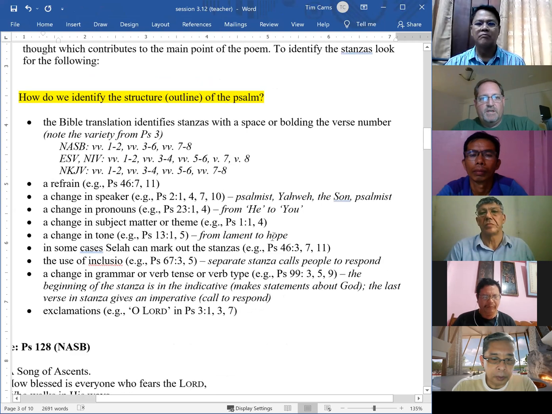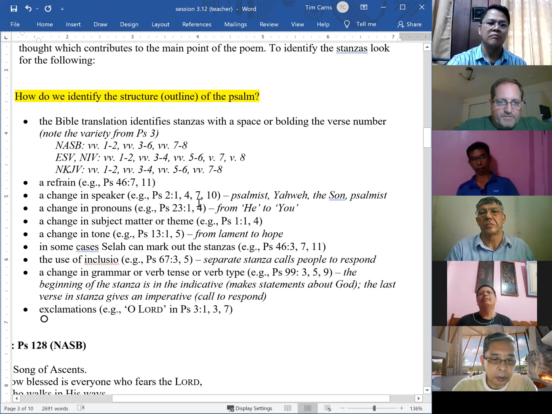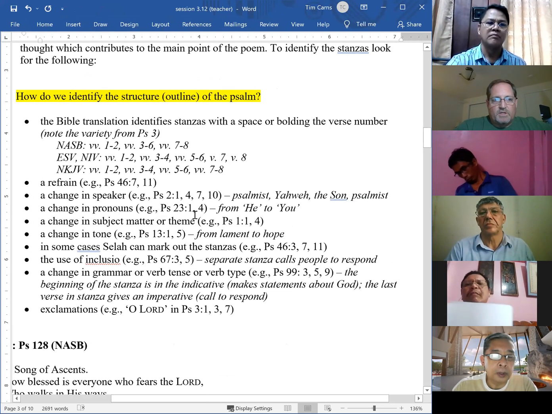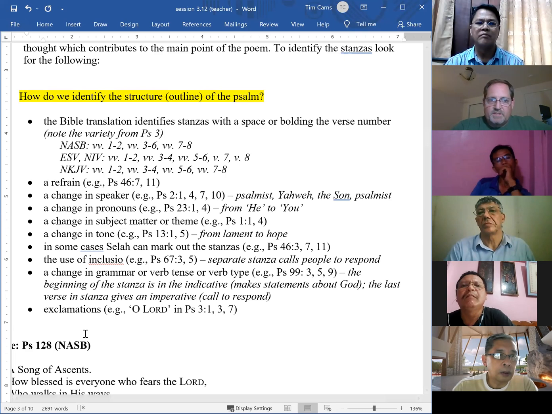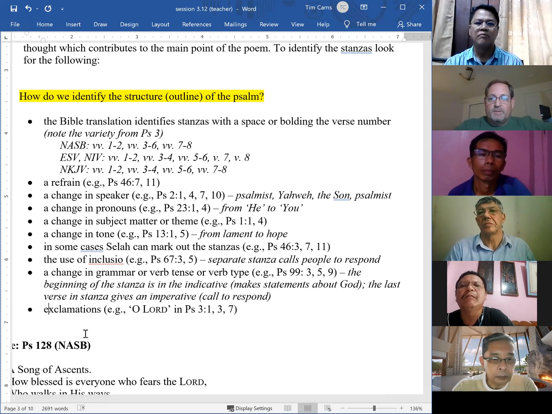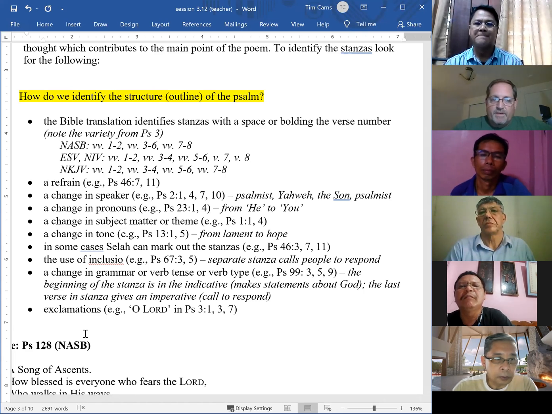So we see here, this is a summary of all the different clues that we have to identify structure. Start with the translation. And if you get agreement among the translations, then that's a good idea of what to use as a structure. But oftentimes, translations will not agree because some of these psalms are hard to figure out.